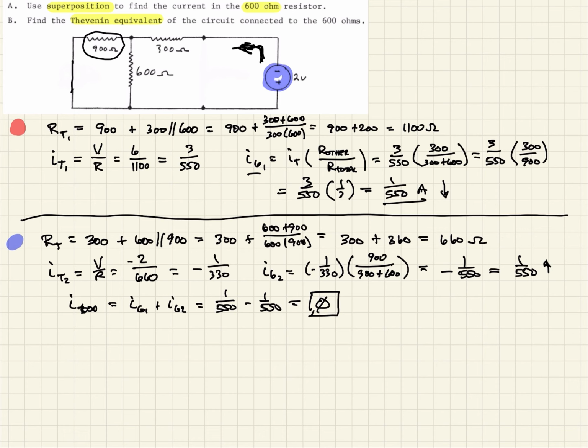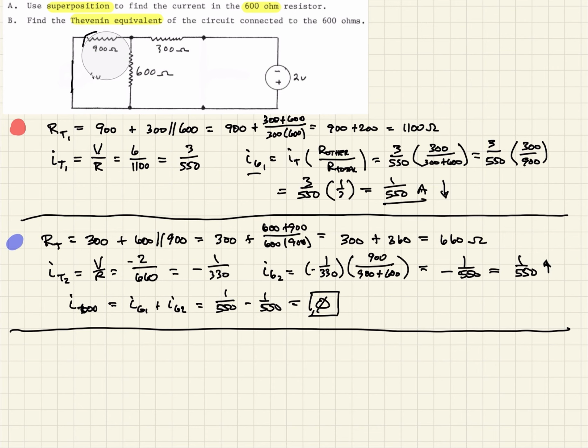Now we want to consider part 2, where they want us to find the Thevenin equivalent for this circuit. So let's reset our circuit here. Again, we don't have to worry about the 1000 ohm resistor that we took out earlier. It really doesn't have any consequence on our circuit.